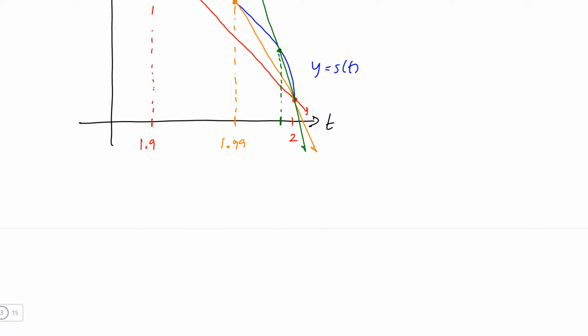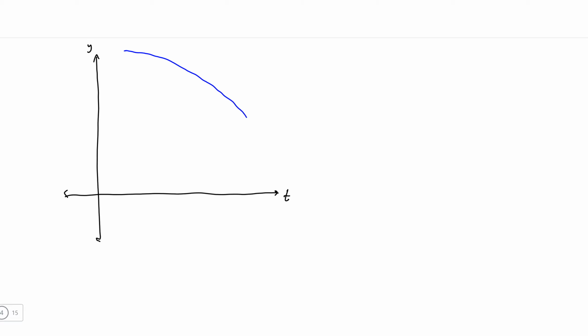Let's draw this one more time, zoomed in, and look at a particular value. If I have my curve here again, it looks like this, and right here, say this is the value for 2.